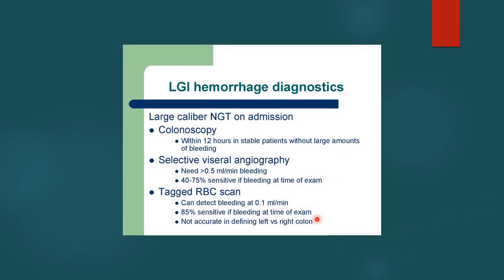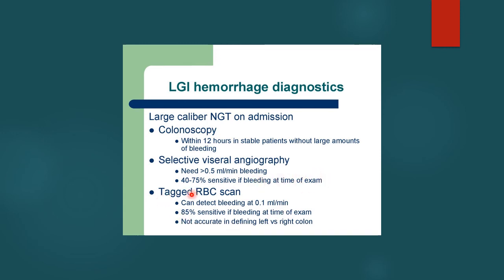Okay, in summary for these investigations, colonoscopy is the important examination, and it must be done as soon as the patient is stable. Second is the visceral angiography, which needs more than 0.5 mils per minute of bleeding in order to be positive. It is 40 to 75% sensitive if it is bleeding at the time of examination.